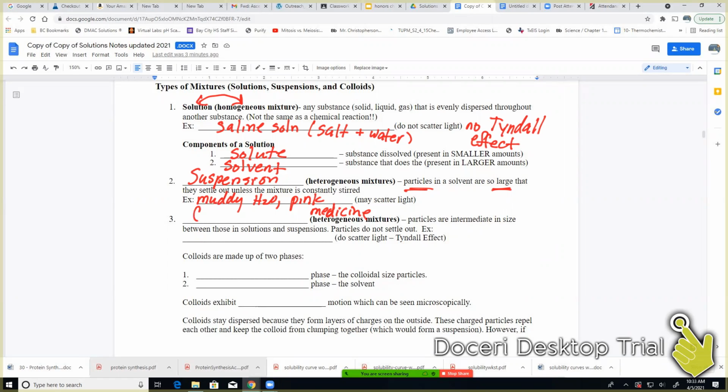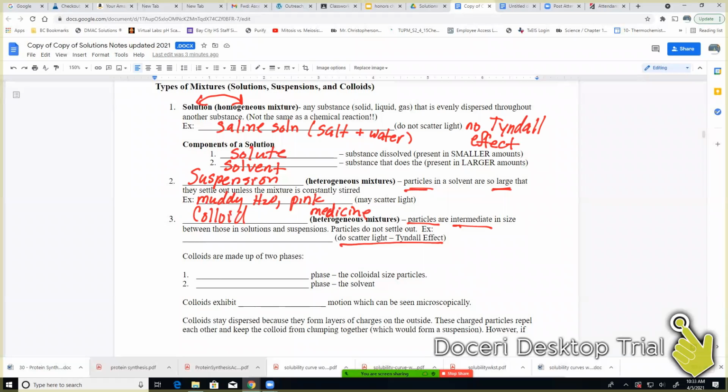All right, under number 3, we have colloid, which has intermediate particle size, so the particles don't dissolve, but they also do not settle out. They always have the Tyndall effect because the solid particles are just kind of floating around.